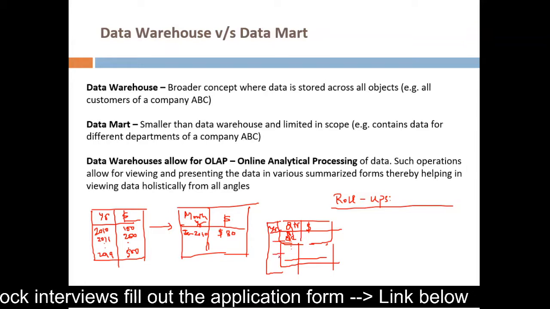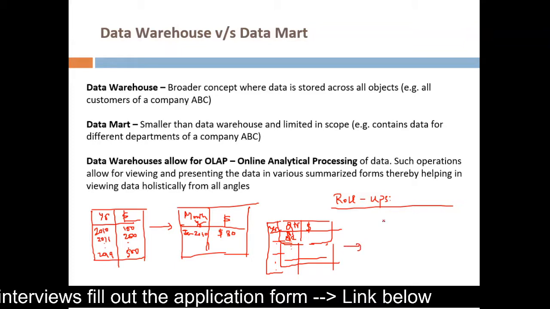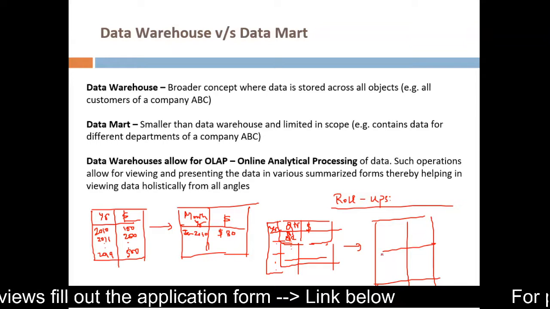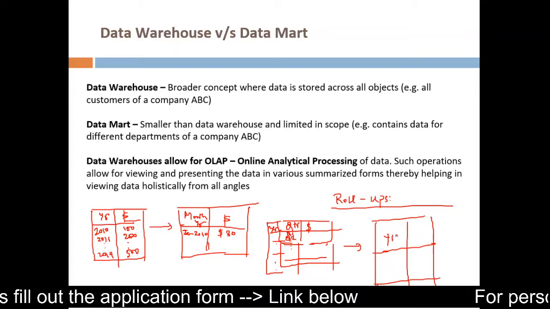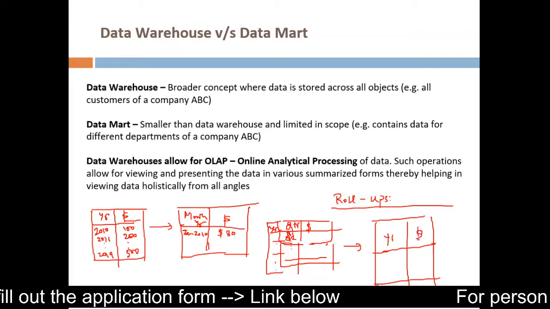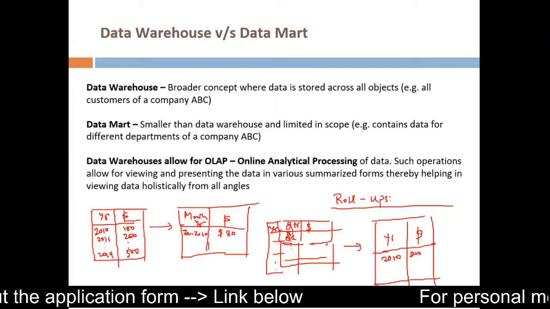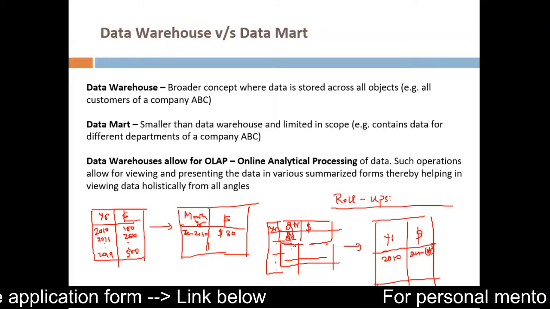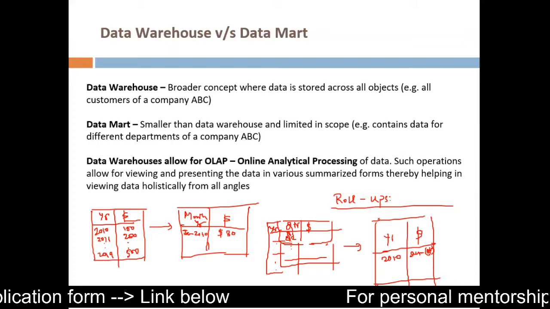You could easily roll that up into a more aggregated view where you just look at your total dollar sales by each of the years, right? So you have year here, you have dollar sales here. So you say 2010, you sum up the dollar sales across all the quarters from the left hand side table, right? So this is what is facilitated by OLAP.